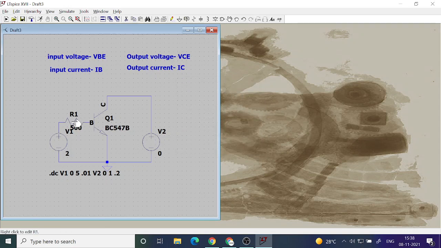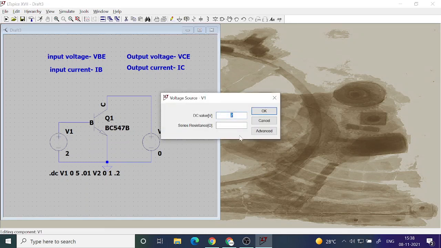I'll cut this, I'll remove this, and this I will give as say 0.7 so that it will not change. That's the idea.